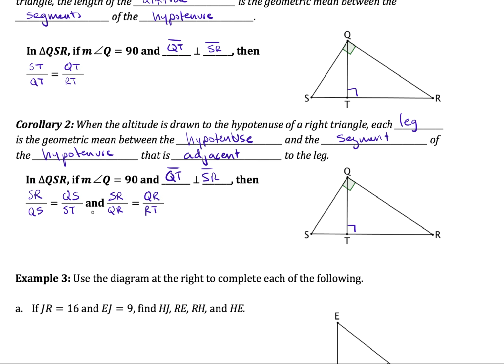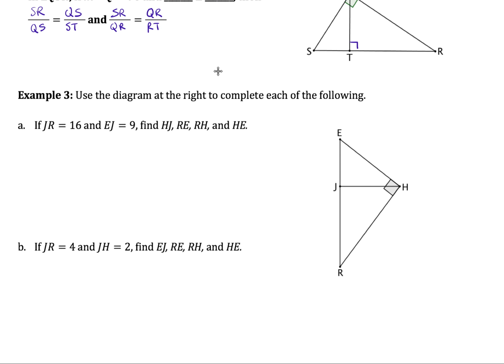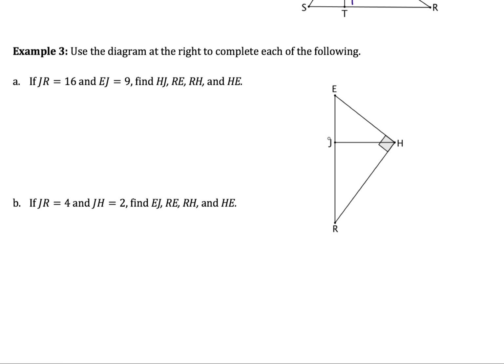So these two proportions also result when we drop down this altitude from the 90-degree angle to the hypotenuse of the triangle. So we know that we have similar triangles. We know that we have these three proportions that all result because of those similar triangles. Let's see how we're going to put that into play in an example problem.